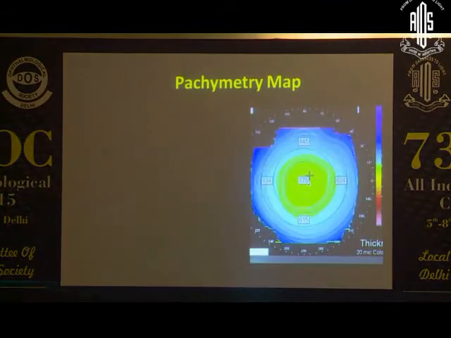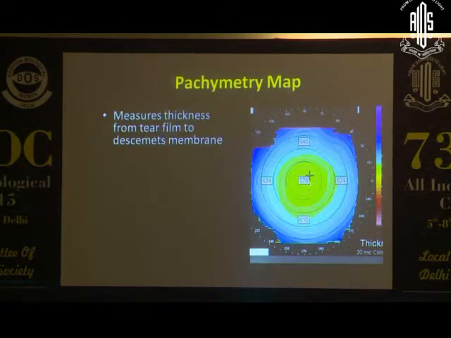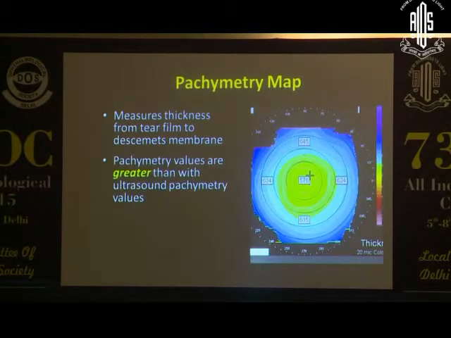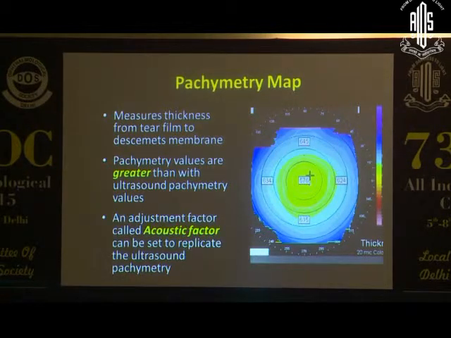The fourth map is the Pachy map. This measures the thickness from the tear film to the Descemet's membrane, and the pachymetry values are usually greater than the ultrasonic pachymetry values. An adjustment called the acoustic factor can be used to replicate the ultrasonic pachymetry.